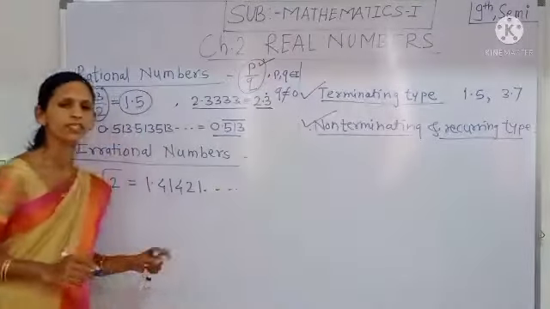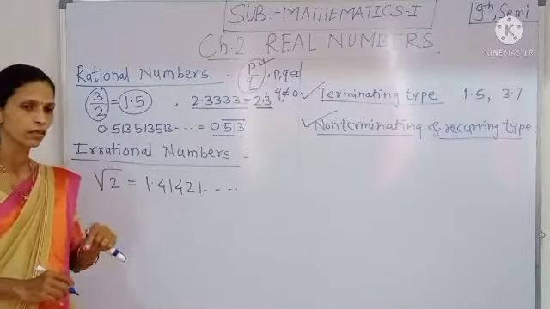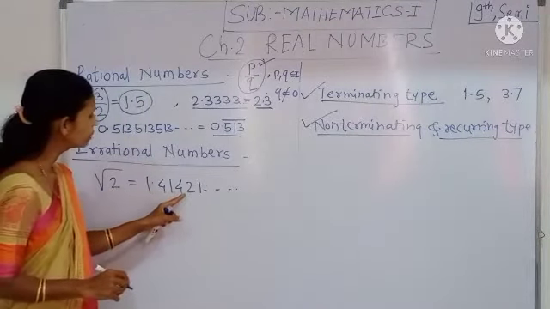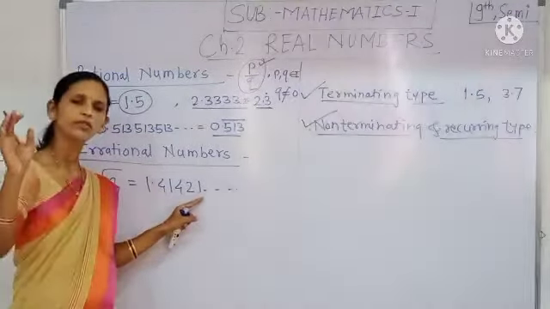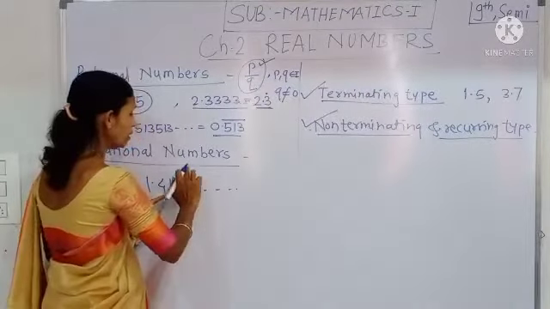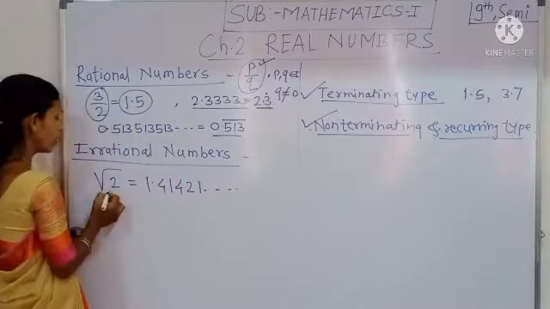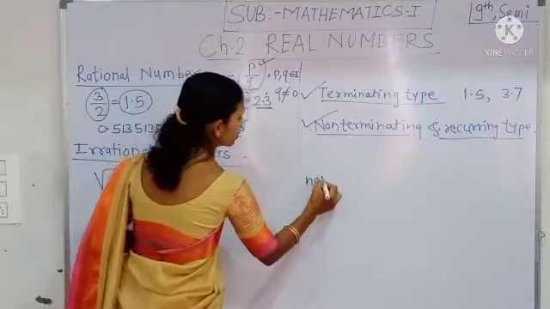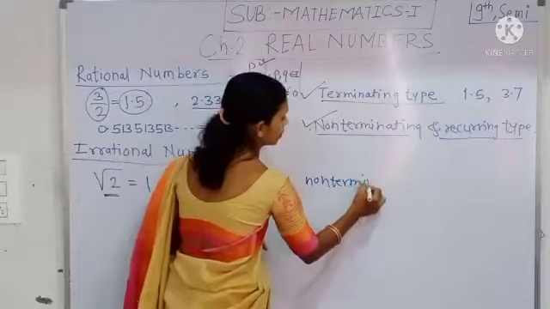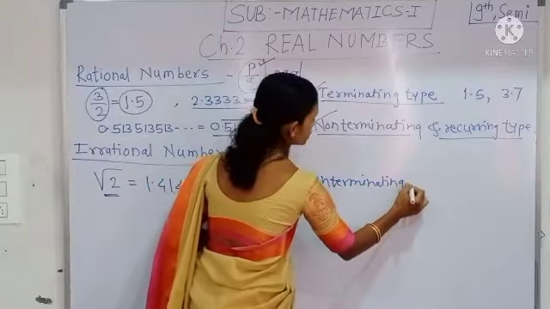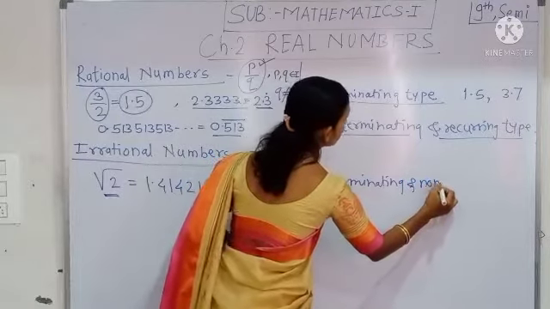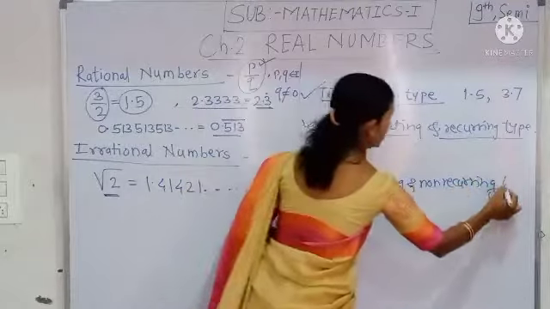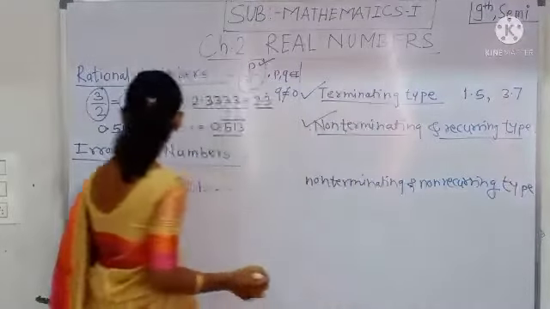That means here the decimal form of the value of root 2 is non-terminating as well as non-recurring.